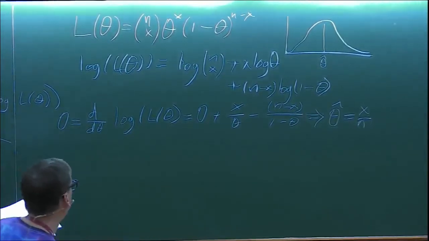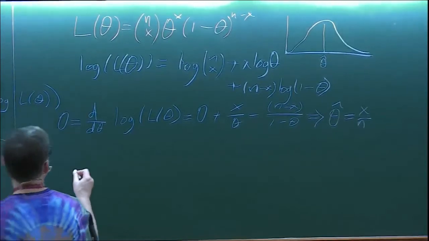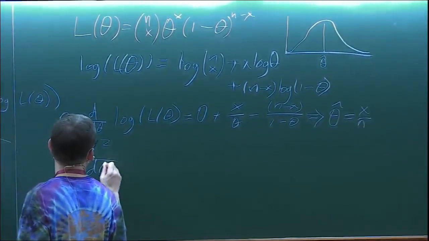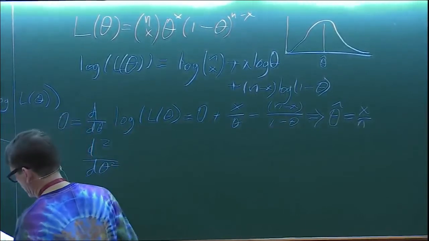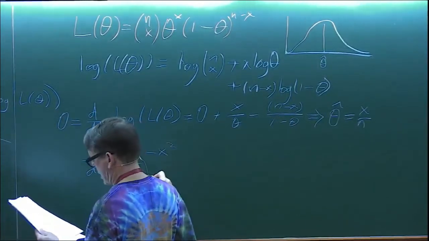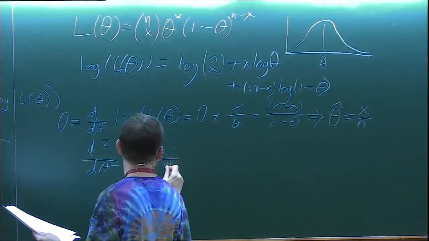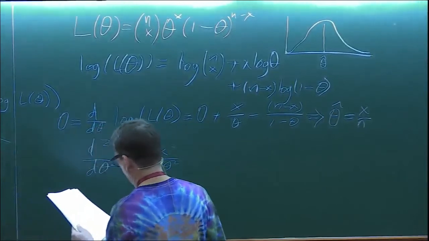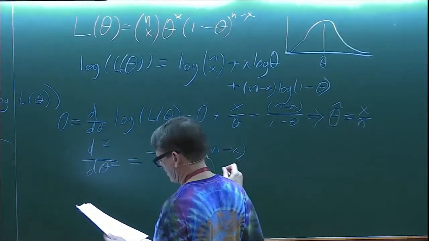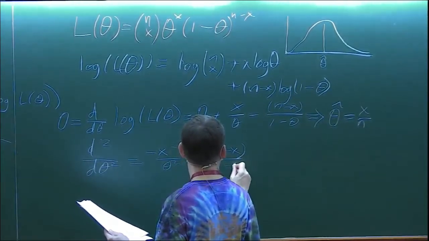Now you want to be extremely careful. The second derivative with respect to theta in this case is going to be minus x over theta squared minus n minus x over 1 minus theta squared.